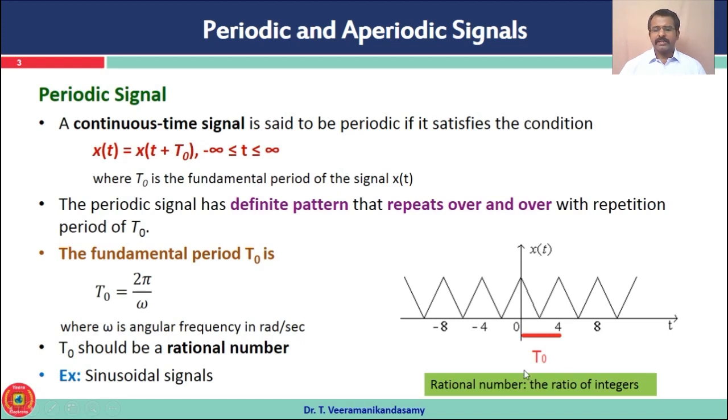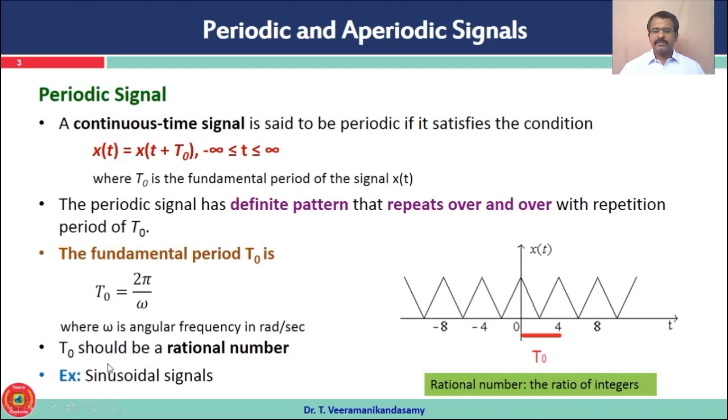Then how can we calculate the fundamental period t naught? We have the formula t naught is equal to 2 pi by omega, where omega is angular frequency in radians per second. We know omega is equal to 2 pi f, where f is frequency in hertz. Once t naught is calculated, that t naught should be a rational number.